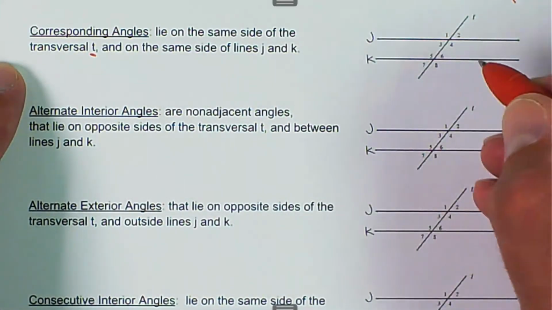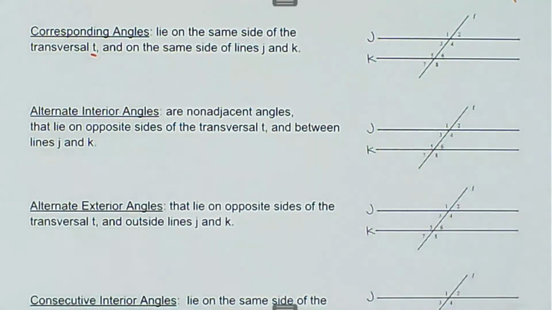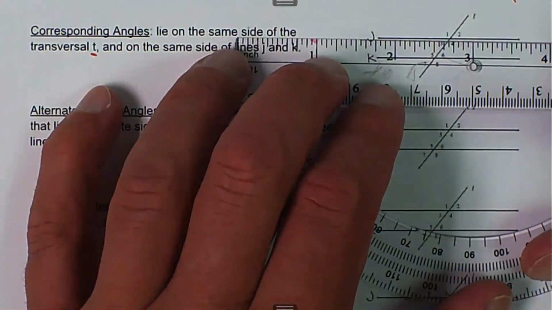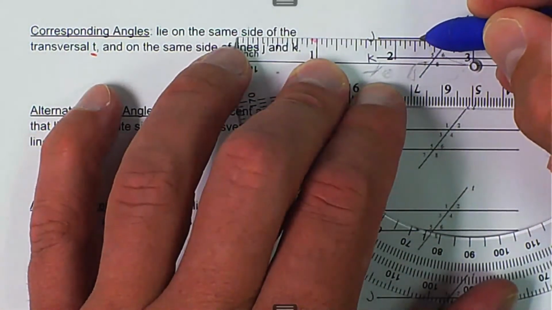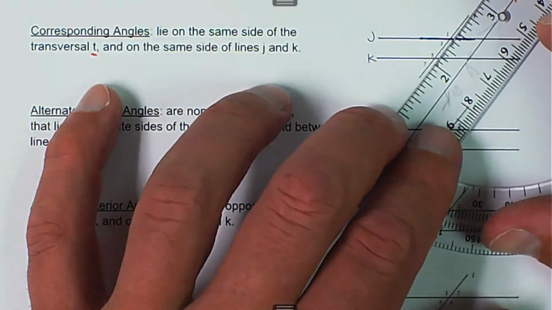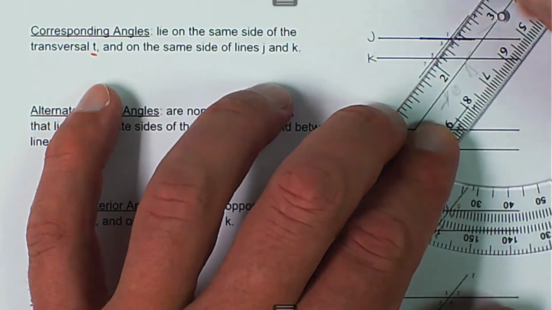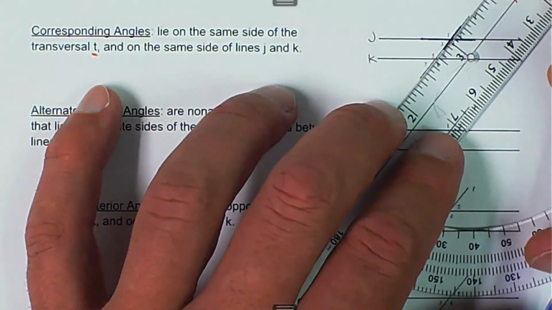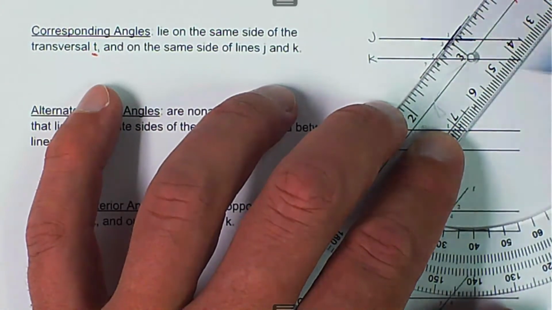So if we're thinking about this as two intersections, we got a blue intersection and a green intersection. Think about this as like the street, and here's the blue intersection, and here is the green intersection.